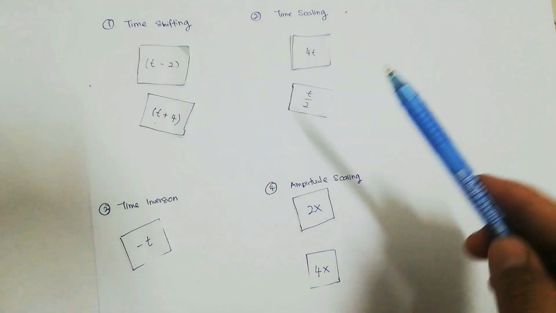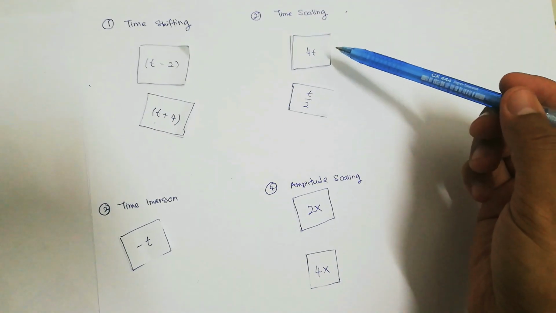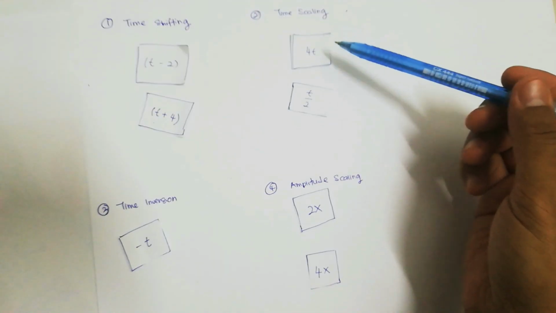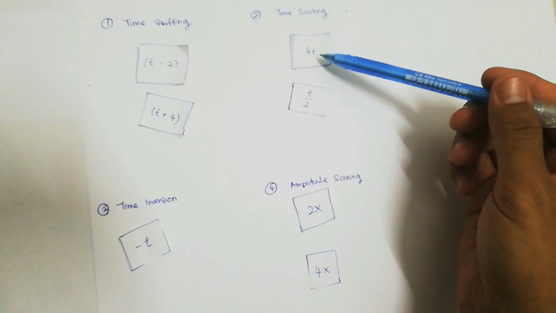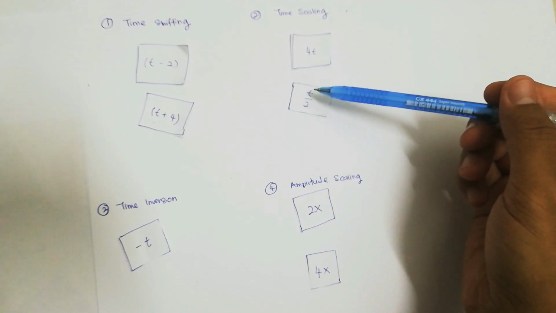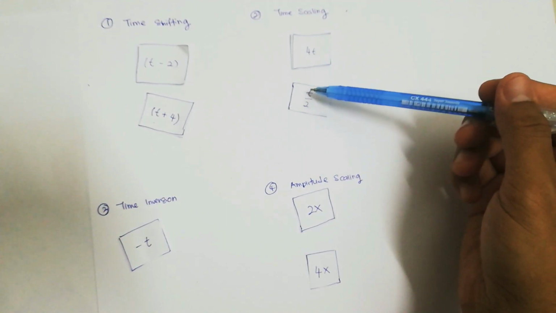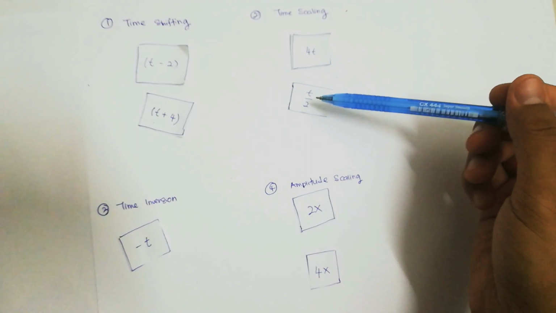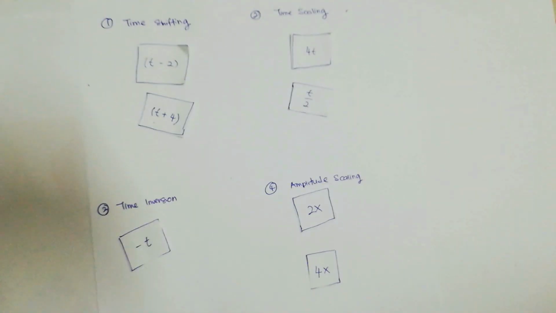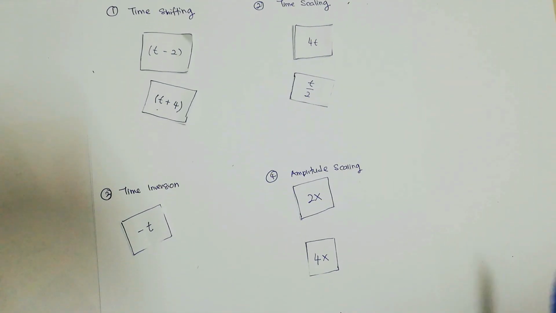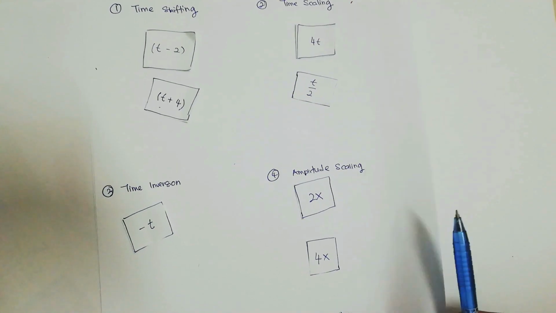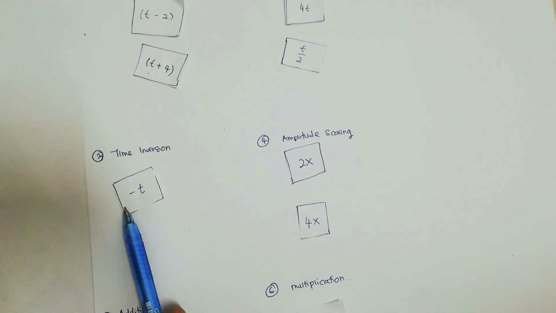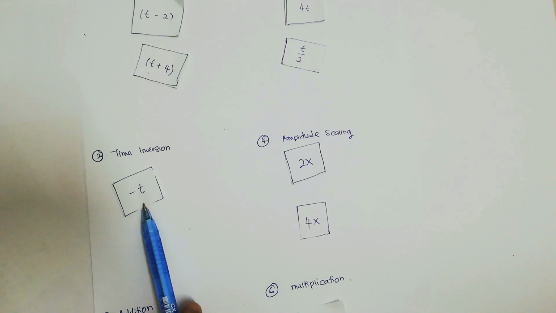Then we have the time scaling transformation, where we have two time scaling systems, 4t and 2.5t. We also have time inversion, where the system is minus t.